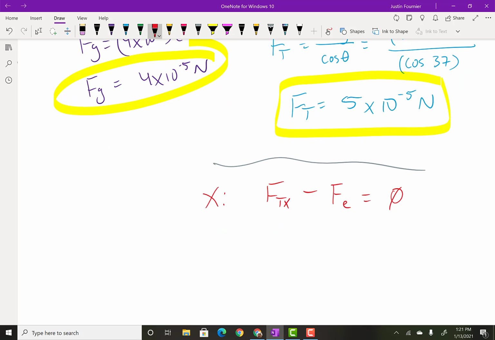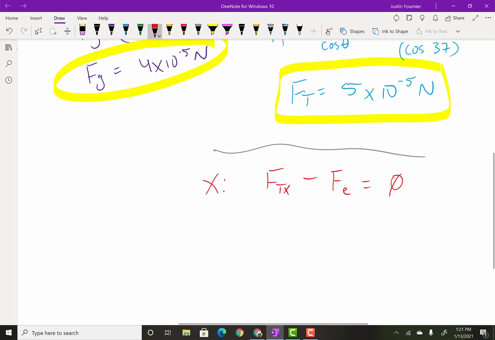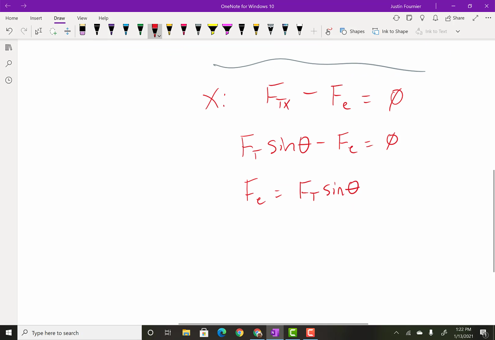So the tension force in the x direction, according to what I have here, is going to be Ft sine theta. So this is going to be Ft sine theta minus my electric force is equal to 0. Isolating for the electric force then is going to be Ft sine theta. I know my tension force already is 5 times 10 to the negative 5.